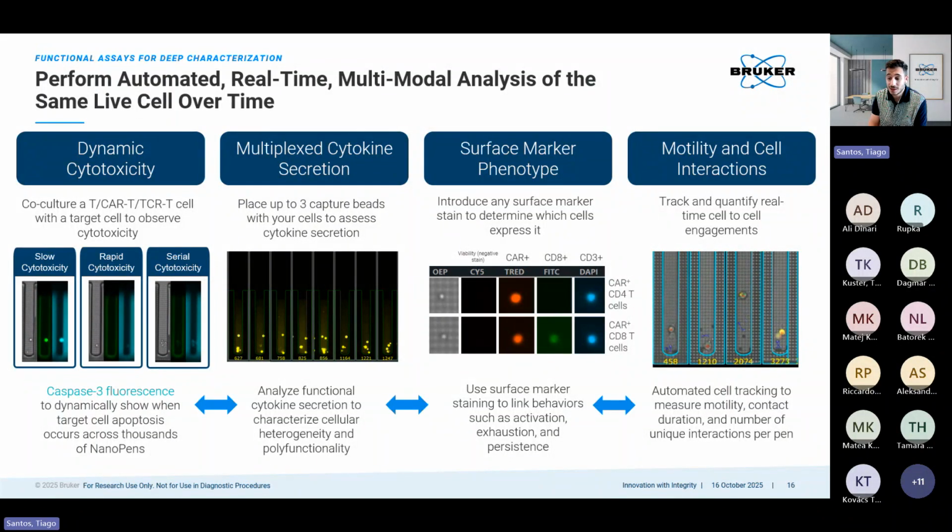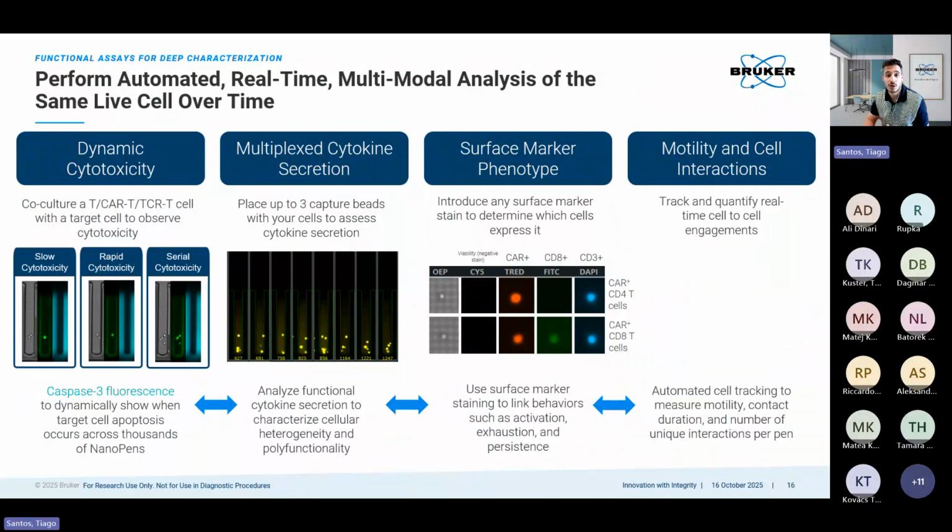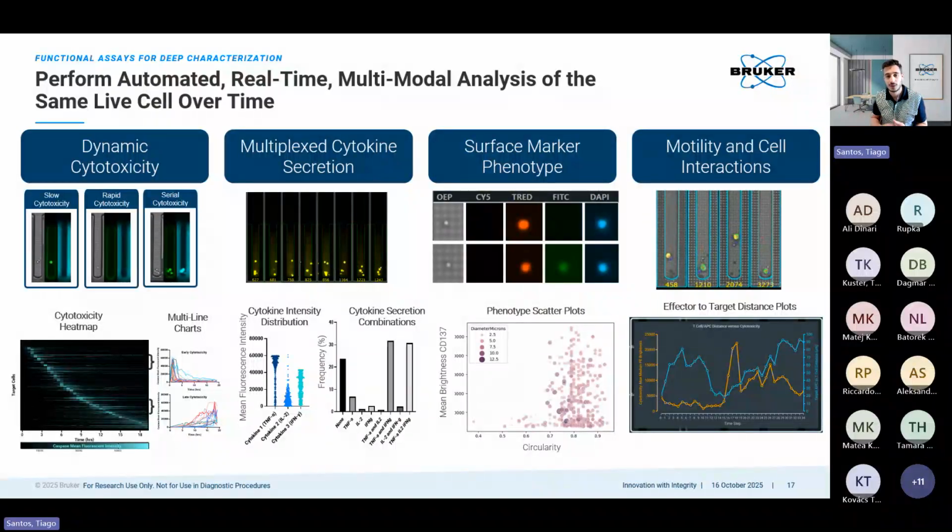These assays, sorry, I jumped too fast on this one. These assays can be done in a multiplex way or a sequential way. You can pick what type of assay you want to perform, and then you have a breadth of graphs, table data, assay data that shows really the response of these cells.